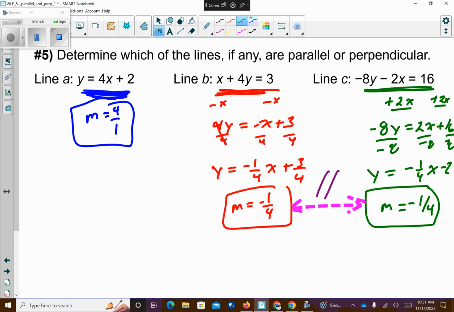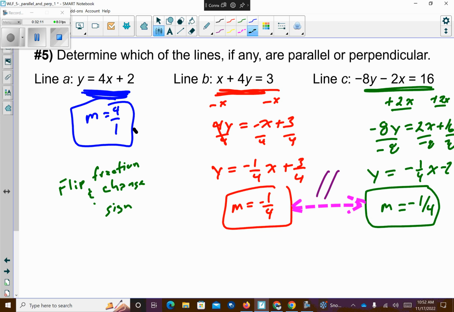All right, now perpendicular. Reciprocal means flip upside down. You with me? Yes. And negative means opposite sign. So flip the fraction and change sign. What does it mean to change sign? Well, if it was positive, it becomes negative. If it was negative, it becomes positive.